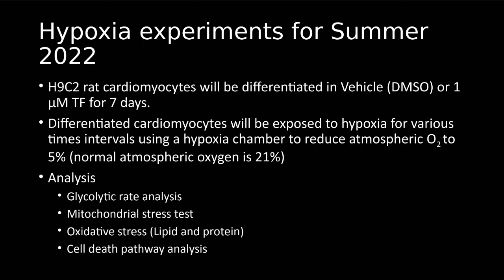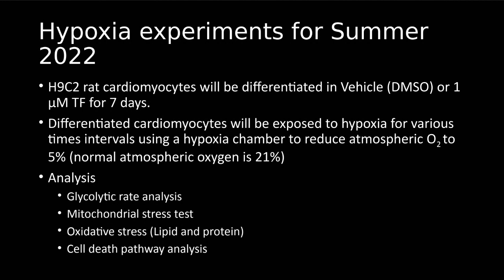After cells are exposed to hypoxia, we'll analyze the glycolytic rate, as described on the previous slide, and a mitochondrial stress test, which essentially determines how efficient the cells are at utilizing oxygen in real time, to go along with the increase in mitochondrial density that we saw and the amount of oxidative stress.